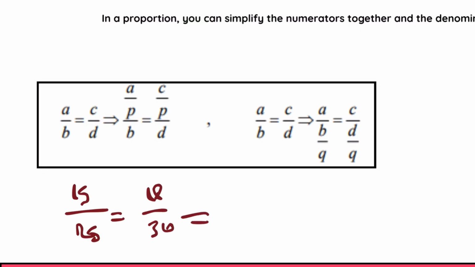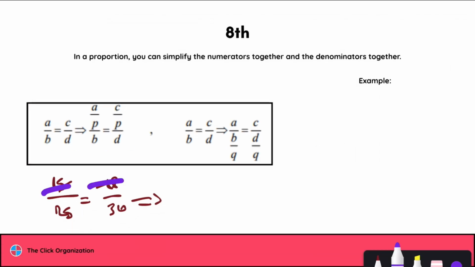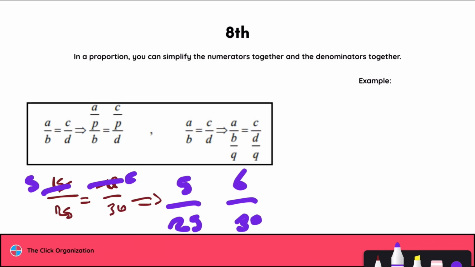right? And this is going to be 15, I'm going to simplify these two, 15, 18, and this will be 5, this will be 6, right? So 5, 6, 25, 30. And in fact, I can simplify the denominators with each other as well.